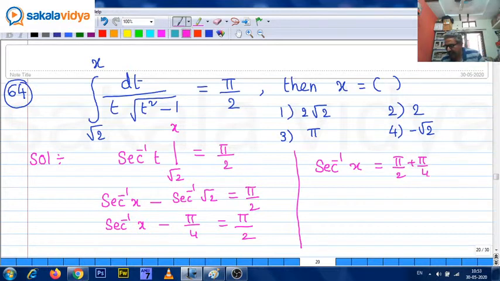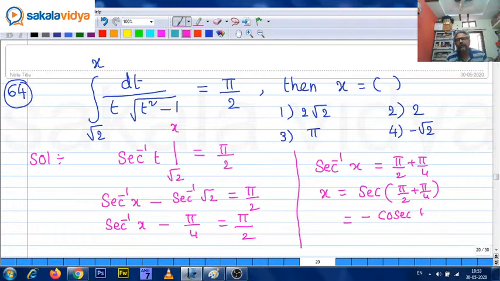Now this is the inverse trigonometric function concept. x equals sec of 90 plus pi by 4. Sec of 90 plus theta is minus cosec theta, so minus cosecant pi by 4. Cosecant pi by 4 is root 2. So minus root 2. That means the fourth option is the right option.